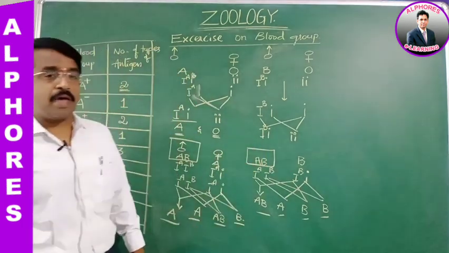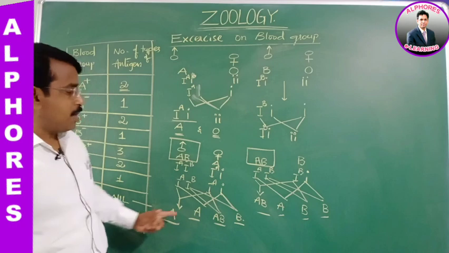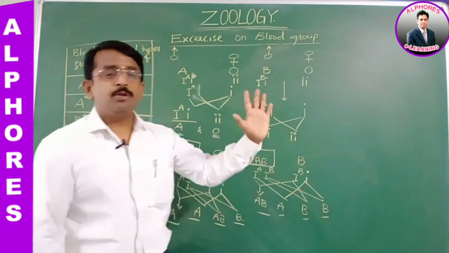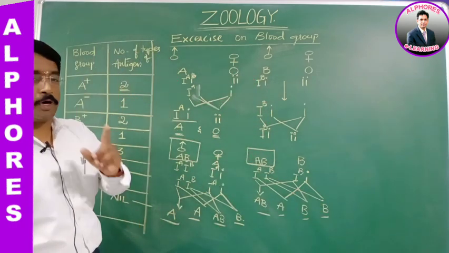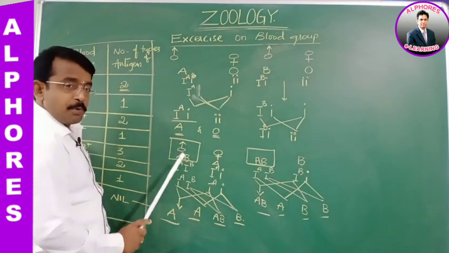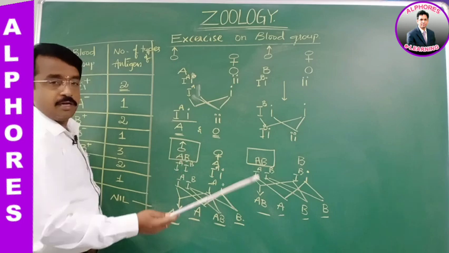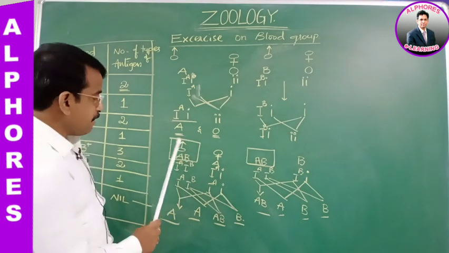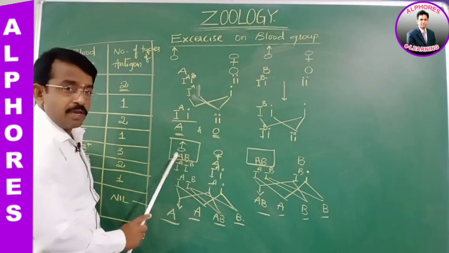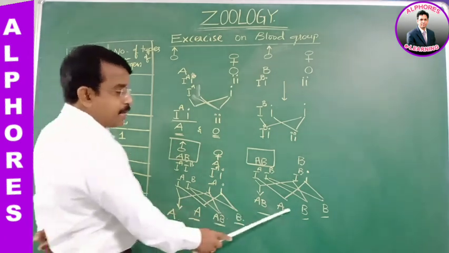is there a possibility of O blood group in the progeny? No. The point to remember, I stress upon this, if one of the parents, either mother or father, is AB, is there a possibility of an O blood group in their progeny?